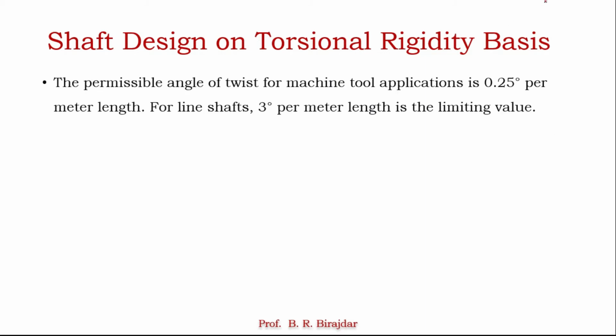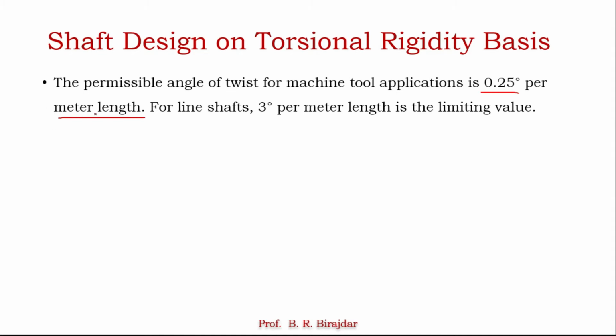The permissible angle of twist for the machine tool application in which we are using the shaft should be 0.25 degree per meter length. So if the shaft is of 1 meter length, the angular deflection should be 0.25 degree.